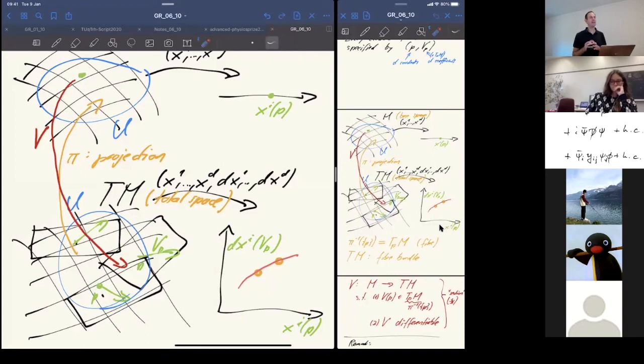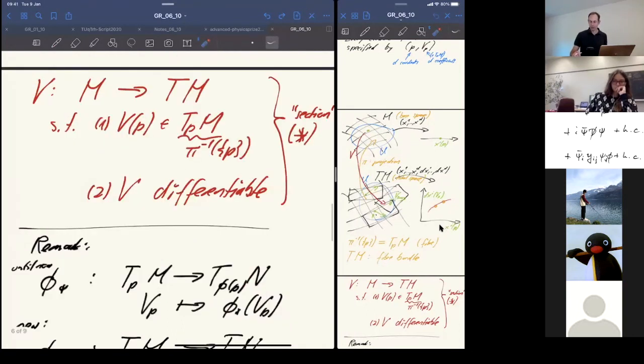We will define something, the covariant derivative, and there we have to be careful that whatever we define will be basis independent. And maybe once we have discussed that, it will be much clearer what the answer to your question should be. Okay, thank you.